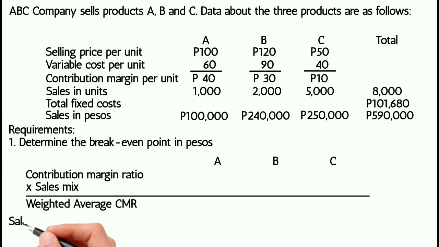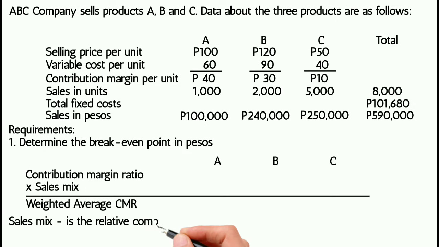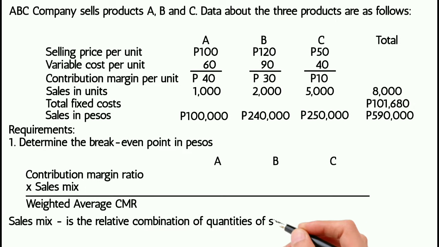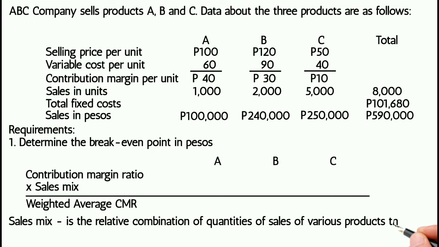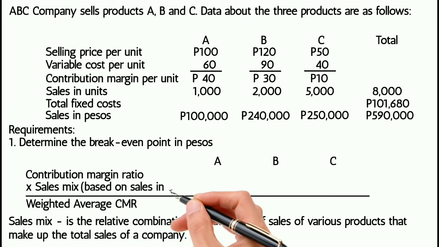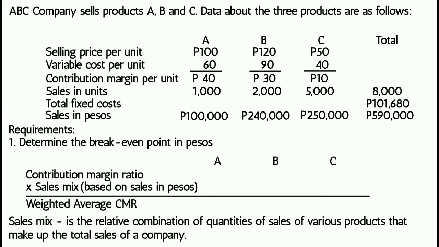Ano ba yung sales mix? Sales mix is the relative combination of quantities of sales of various products that make up the total sales of a company. For purposes of computing the weighted average contribution margin ratio, the sales mix is determined using the sales in pesos. So kapag ang hinahanap ay weighted average contribution margin ratio, palagi kayong magbe-base sa sales in pesos.